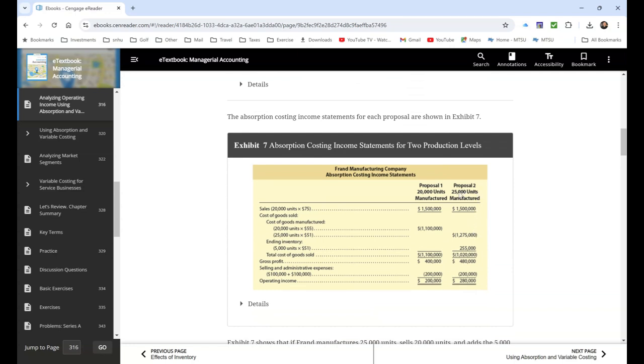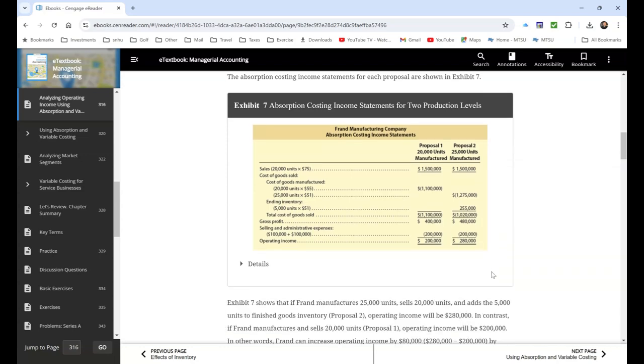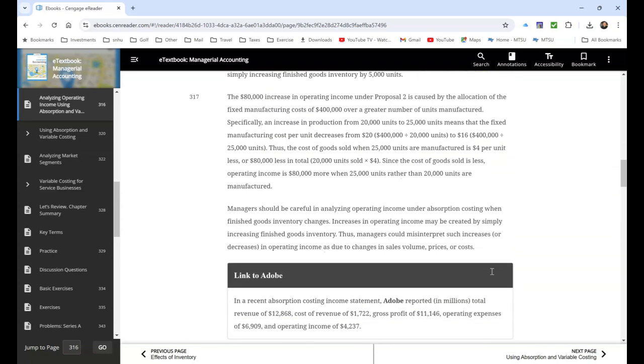But if you are going to be producing 25,000 units, your net income or operating income is going to be 280. And that's again because you're spreading the fixed cost among more units. However, you have now put more units into your inventory that you have to sell.